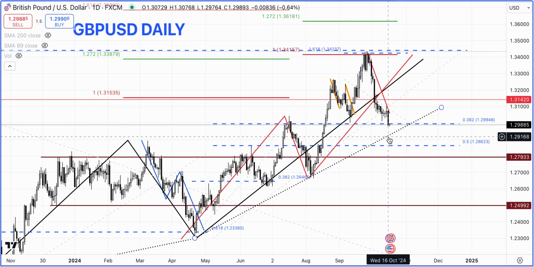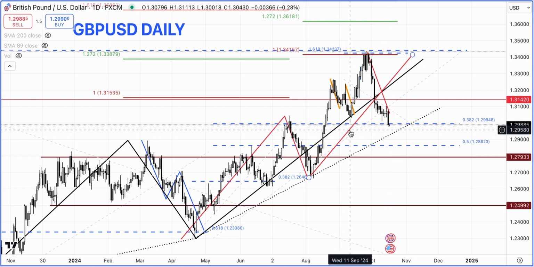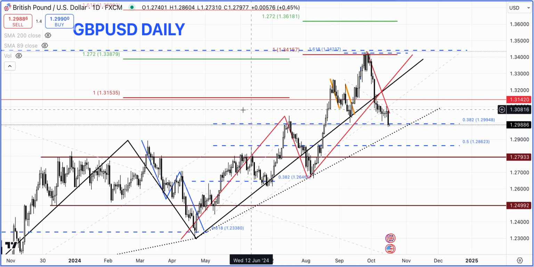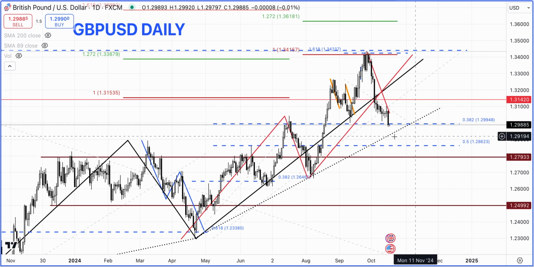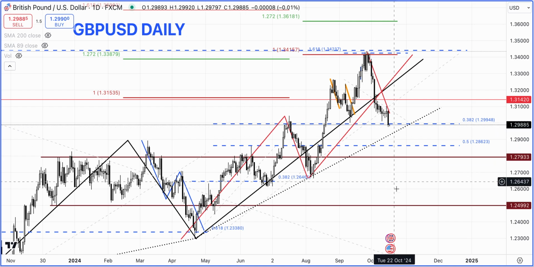And what we have seen is not too much of a reaction from here, but we also have structural support from the 11th of September, and then we have this structure here on the 7th of July. So a fair amount of support from structure right here, right at the 38.2% retracement.